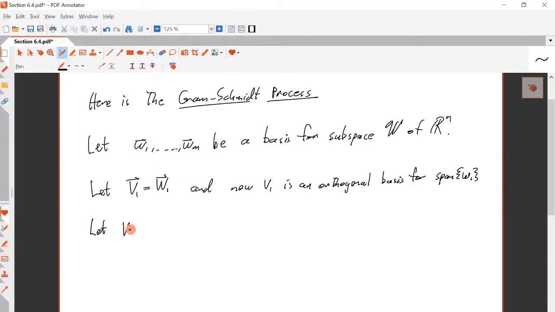Let V2 be equal to W2 minus W2 dot V1 over V1 dot V1 times vector V1.